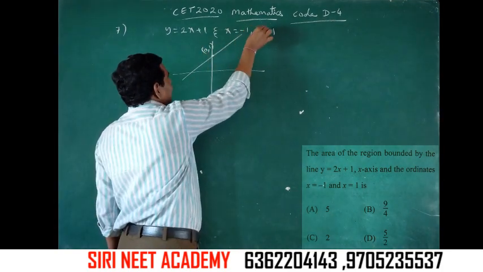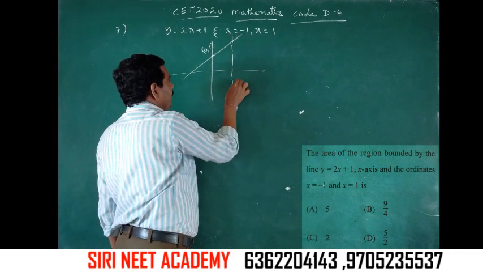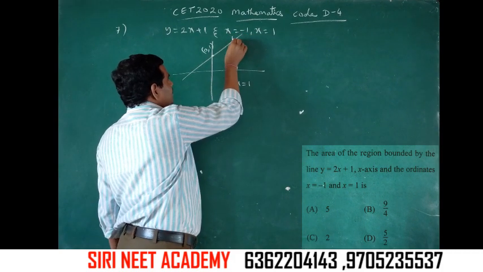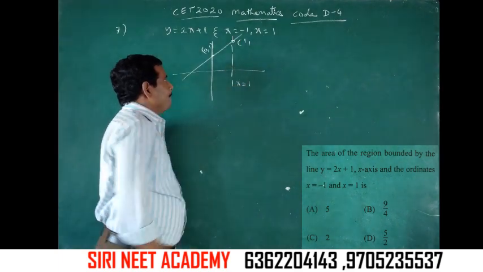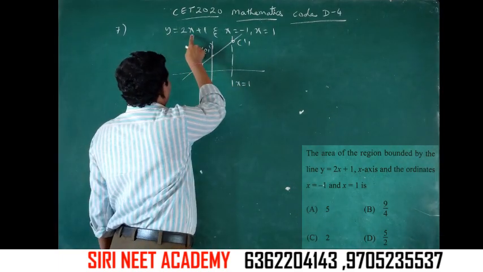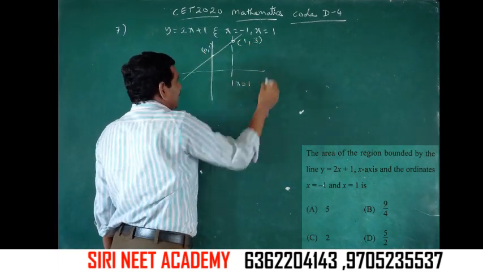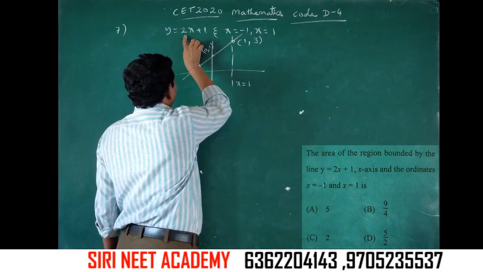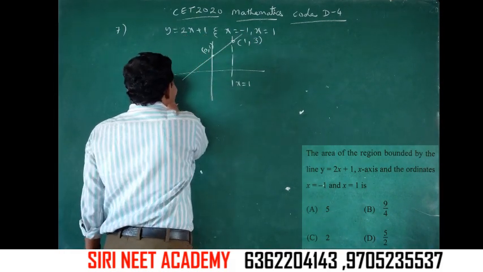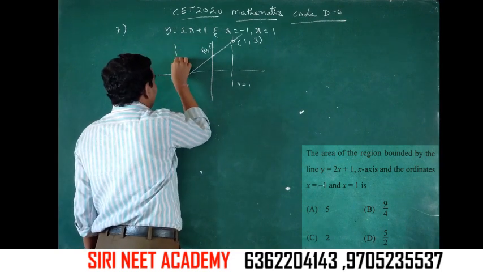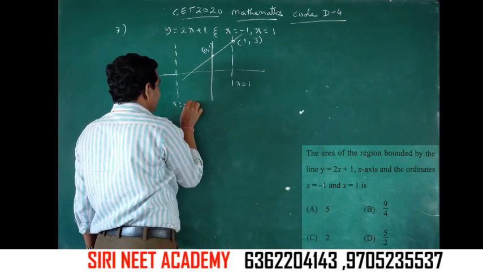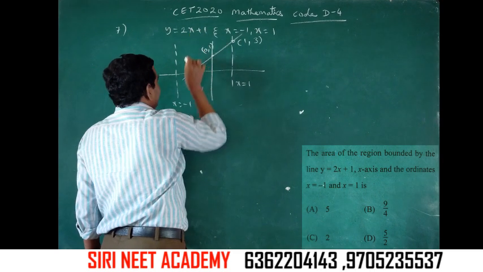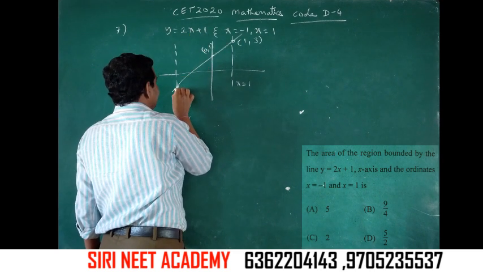And here x is equal to 1, so y value is 3. At x equal to minus 1, y value is minus 1. So the point is here.